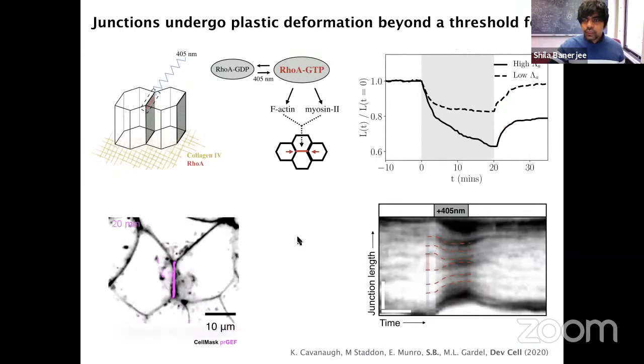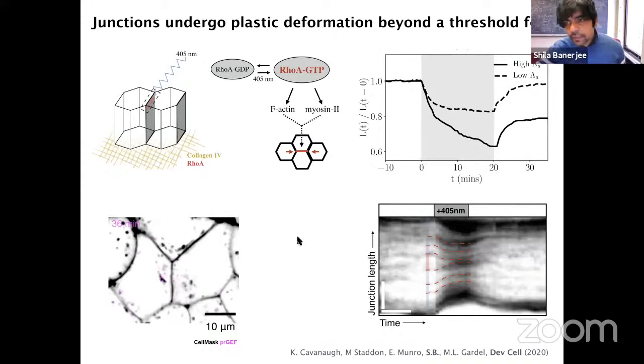What you find here is that if the light intensity is high enough, you see plastic deformation. There is contraction as long as the light is on, but once you turn off the signal, you see that the junction remains contracted, right? Using a low light intensity of Rho, you see that the contraction is completely reversible, right? So it depends on the strength of the applied light intensity.